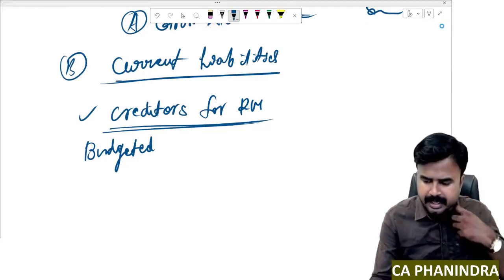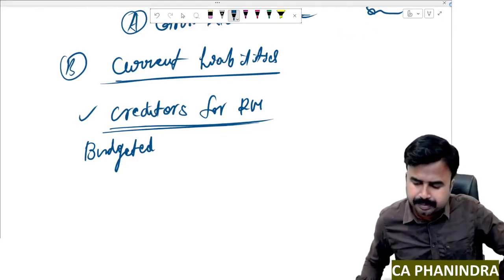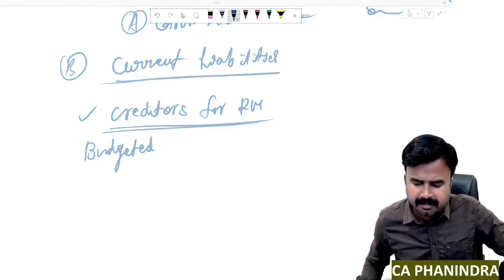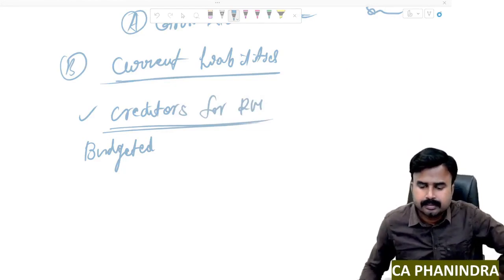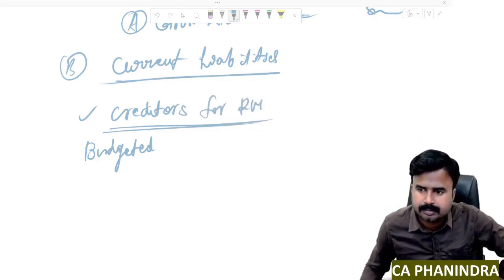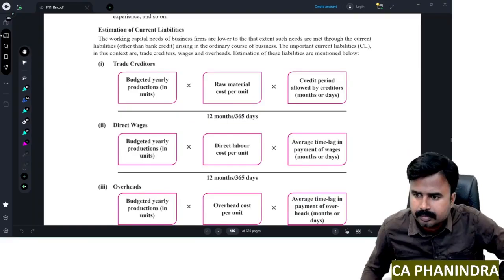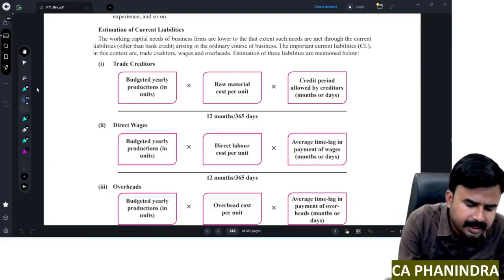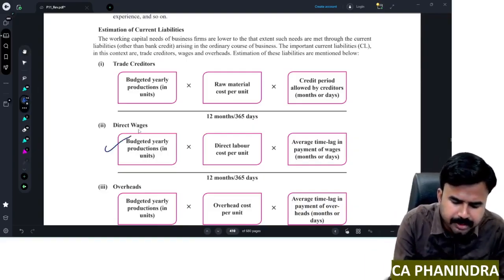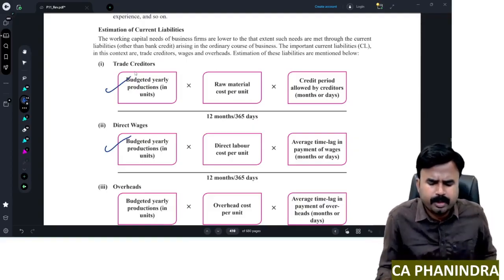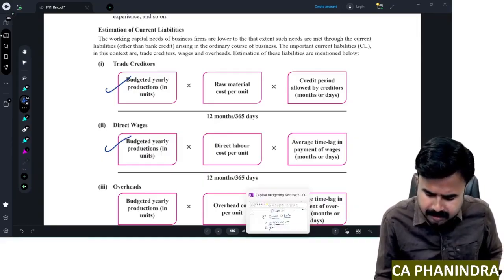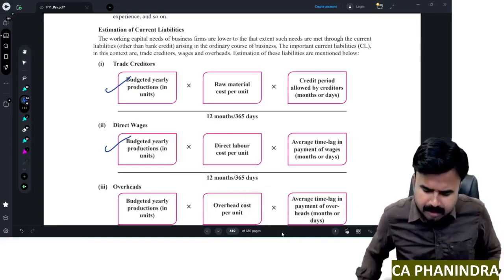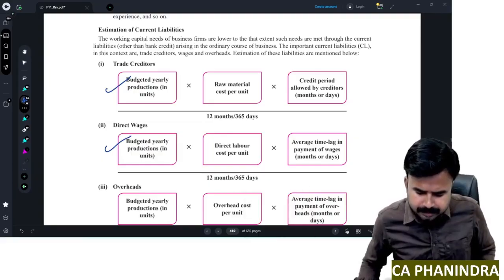But in the study material, they've given you the formula in a different way. They're taking budgeted production units only for creditors also, because actually we are supposed to take budgeted credit purchase units. That's the right term, but still I'm writing the same formula given in the study material.